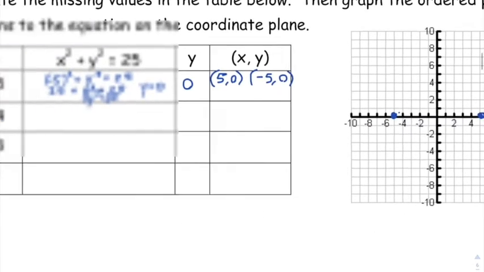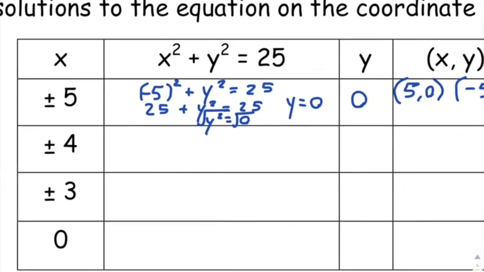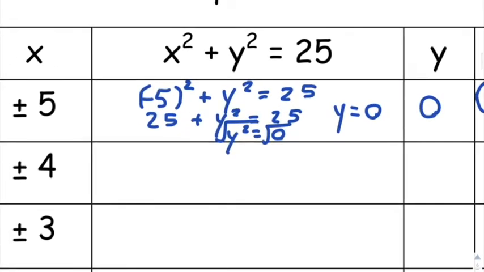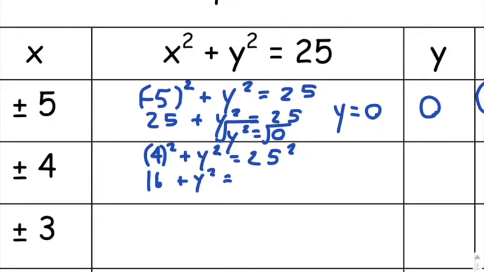Next we'll plug in some other numbers and see how it works out. First, 4 squared plus y squared equals 25. Now 4 squared gets you 16. When you subtract that from the 25, you get y squared equals 9.